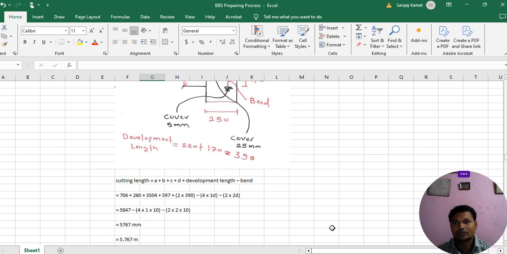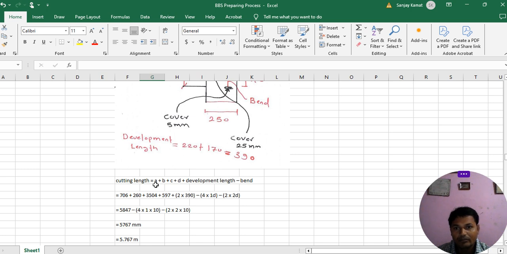Now we will calculate the cutting length. To calculate the cutting length, we have to do the addition from part A to part D. Portion A to portion D is part of the staircase.